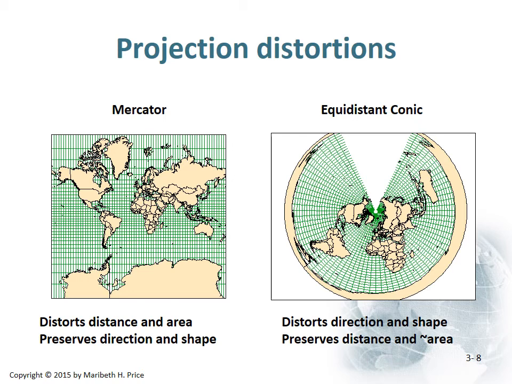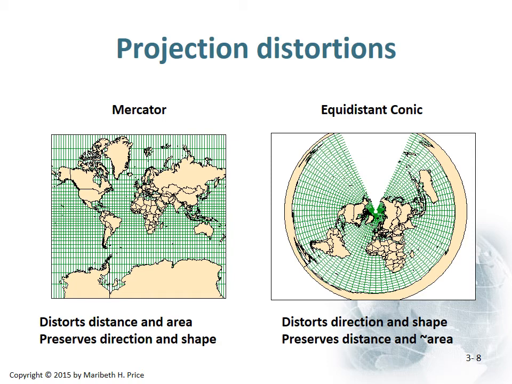Northern Canada and Alaska and the Soviet Union are not correct. They are massively distorted in terms of area relationships. So then on the right, the equidistant conic distorts direction and shape, preserves distance and somewhat area, although you can see again something really strange is happening with Antarctica here. We really get distortion there.